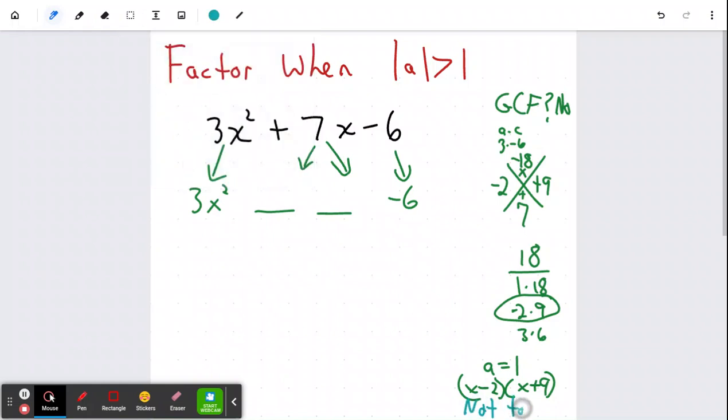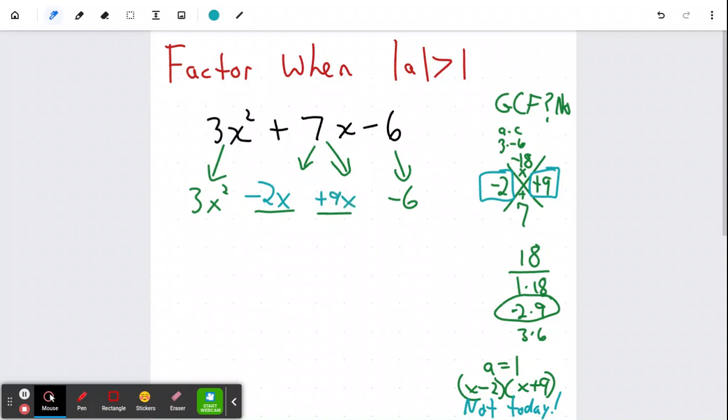So instead, we have to take this negative 2 and this positive 9, and those two numbers now will go right here. We'll do a minus 2x and a plus 9x.